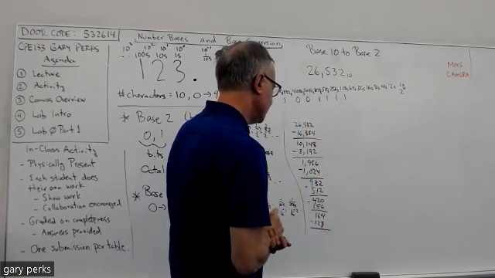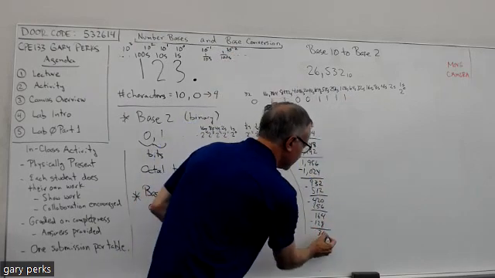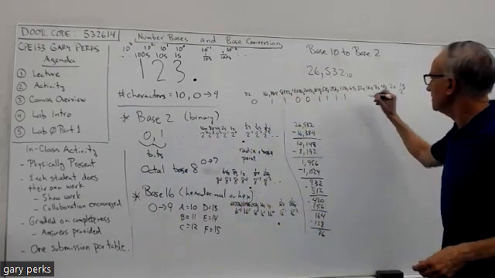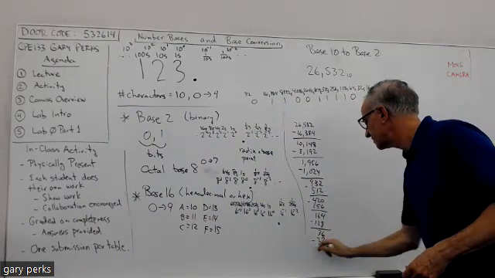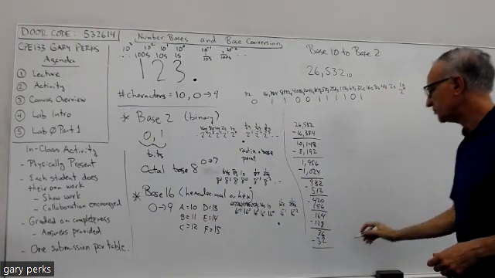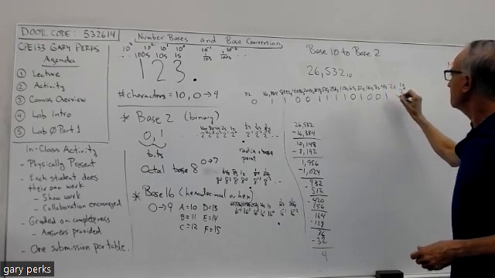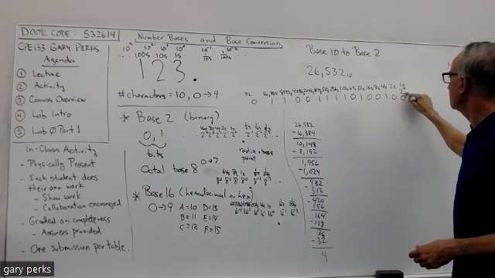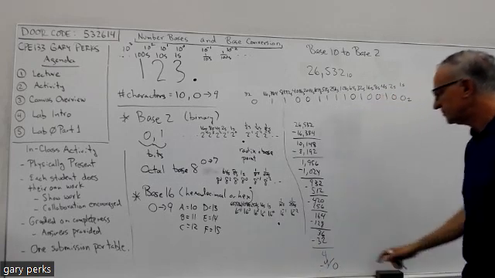That leaves 36. There's no 64 in 36, so that would be 0. There is a 32 in 36, so that would be a 1, and then we're just left with 4. So all these would be 0, but then the 4 would be a 1, and the 2 and the 1 would be a 0. Right, so you see, just keep going like this until you get to 0.